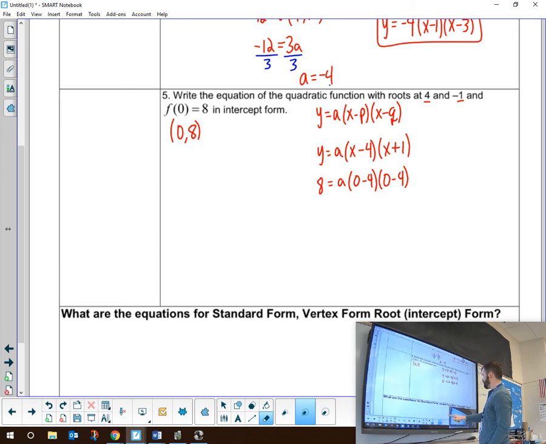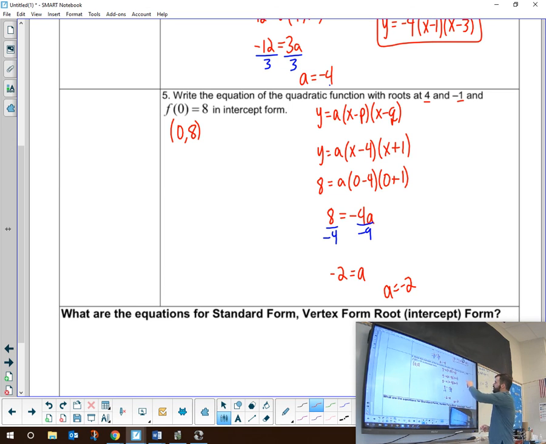plus 1. Okay, then, obviously this is negative 4 and 1. Negative 4 times 1 is negative 4a. Divide both sides by negative 4, and we're going to get a equals negative 2.